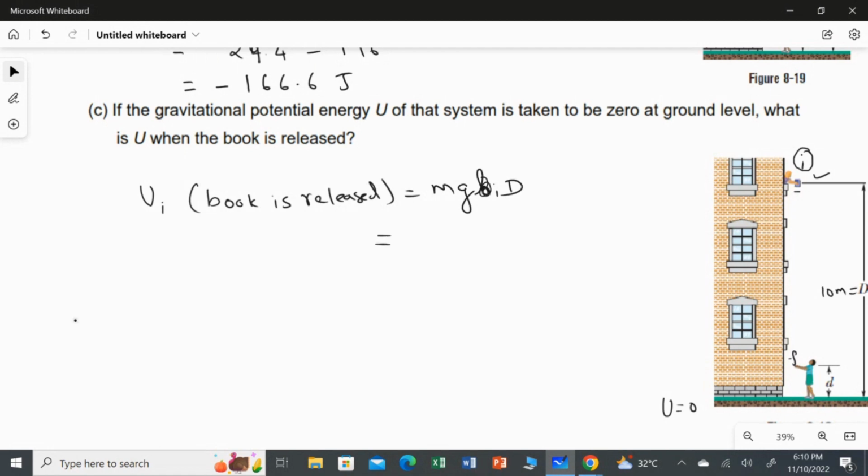I'm going to substitute the mass of the book, 2 multiplied by 9.8 multiplied by the D value, exactly 10. So if I multiply 2 multiplied by 9.8 multiplied by 10, I got the value as 196 joules. Clear?